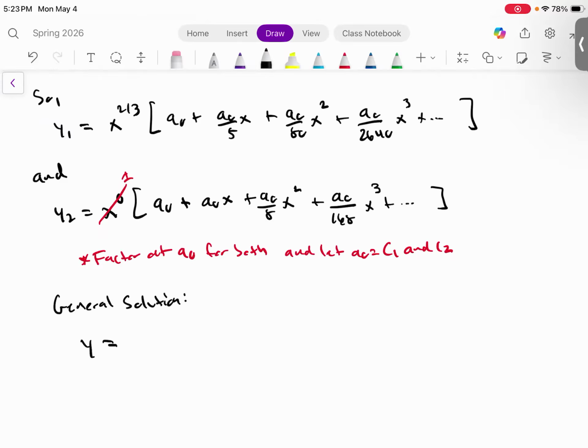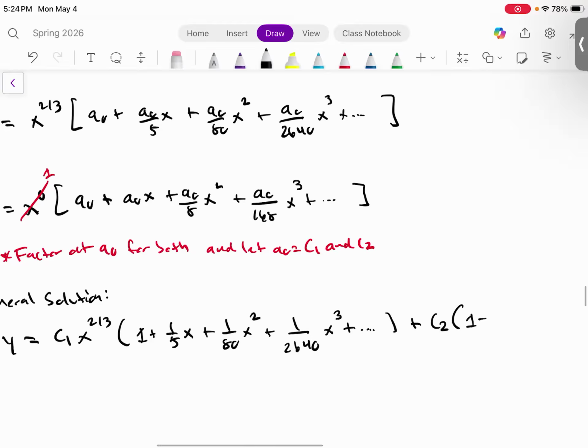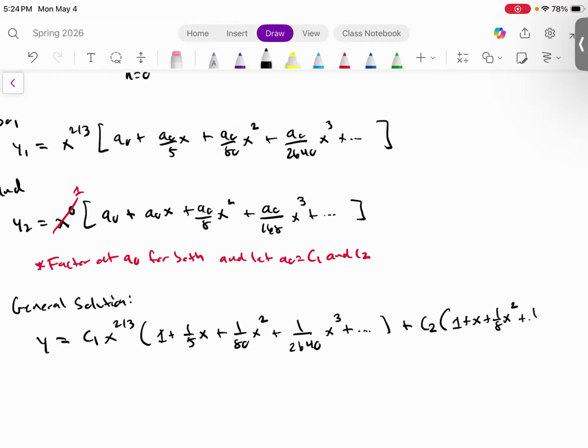could be y equals C1 x to the 2/3 times 1 plus 1/5 x plus 1 over 80 x squared plus 1 over 2640 x cubed plus dot dot dot, plus C2, x to the 0 is just 1, so it's just C2 times 1 plus x plus 1/8 x squared plus 1 over 168 x cubed plus dot dot dot.